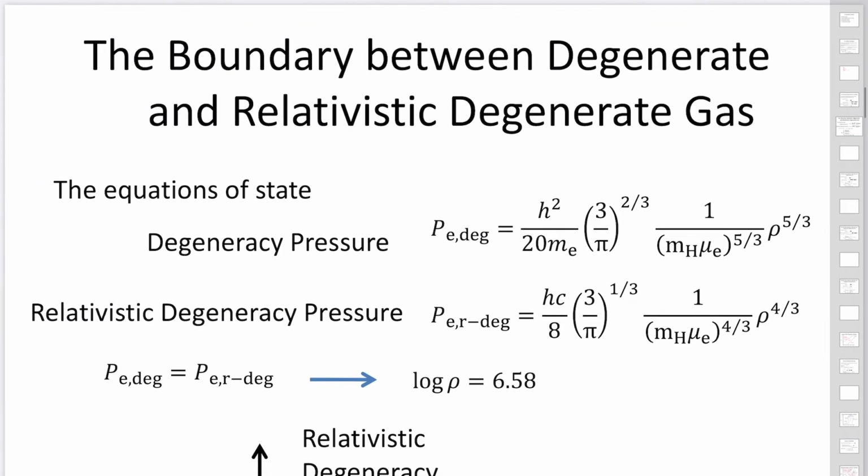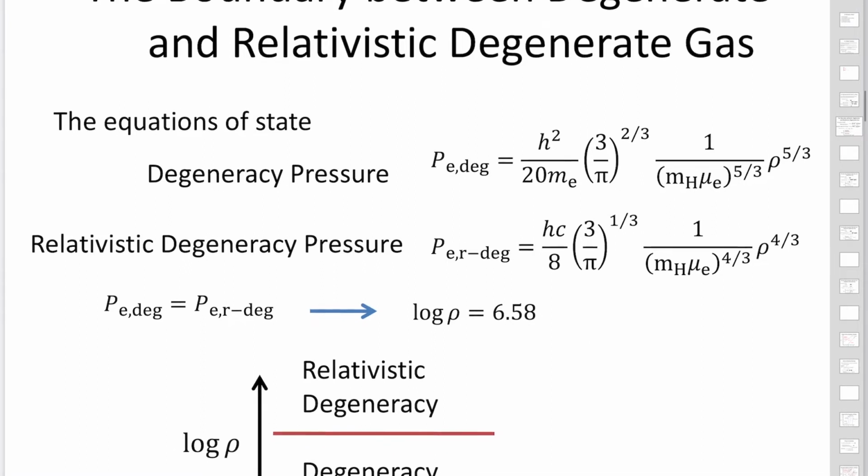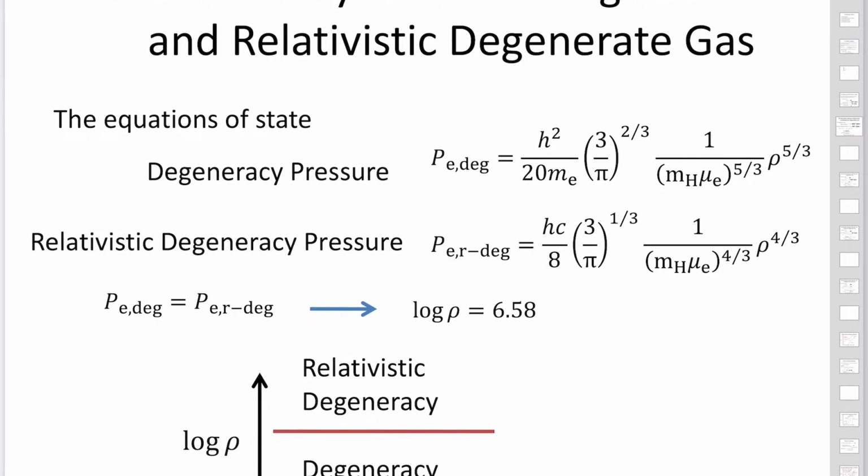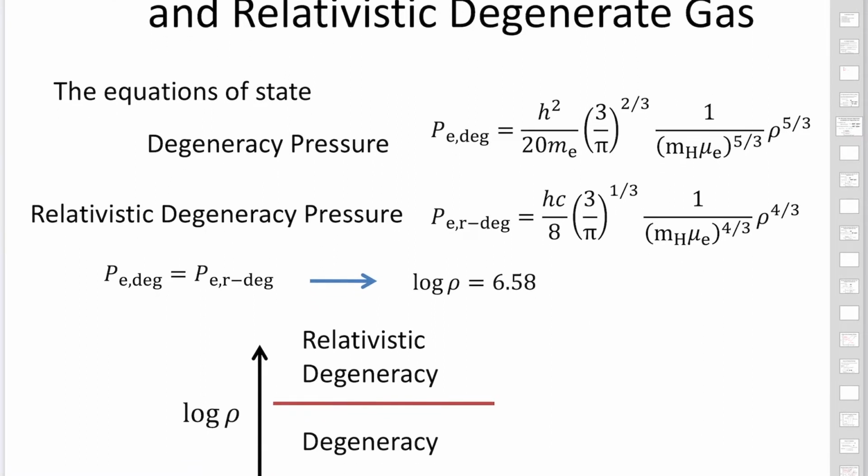So the first one is a boundary between the degenerate and the relativistic degenerate gas. The equation of state for the degeneracy pressure is expressed as P_e,deg. And the relativistic degeneracy pressure is expressed as P_e,R,deg.